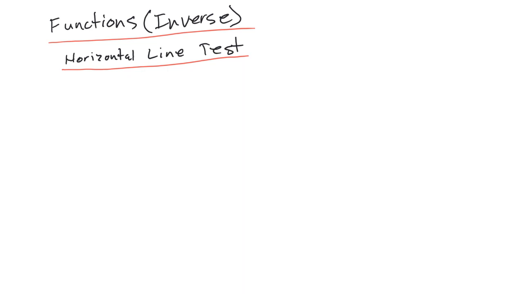So something that is one-to-one looks like this. If I have a picture here, this function is one-to-one. This picture is one-to-one.